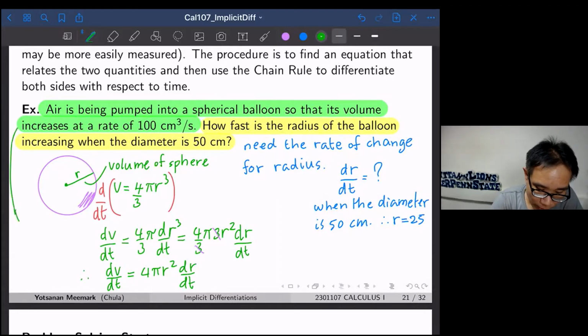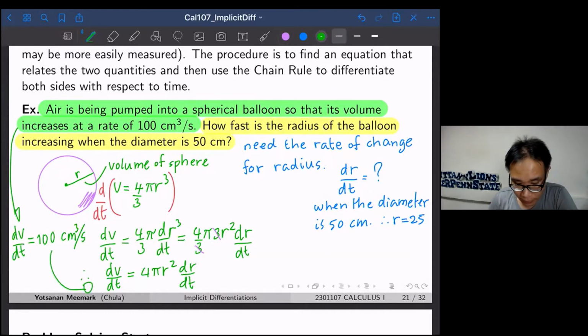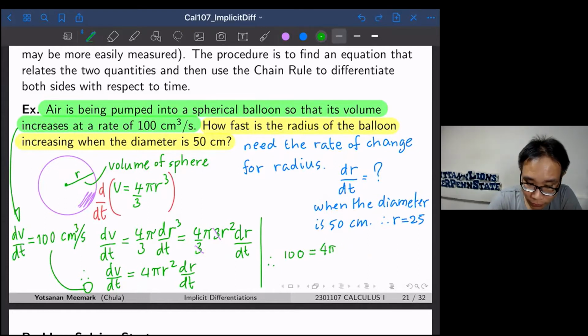So you plug in 100 into the left hand side, and this allows you to compute 100 equal to 4 pi r squared, and you know that r equals 25, so it's 25 squared, times dr/dt.